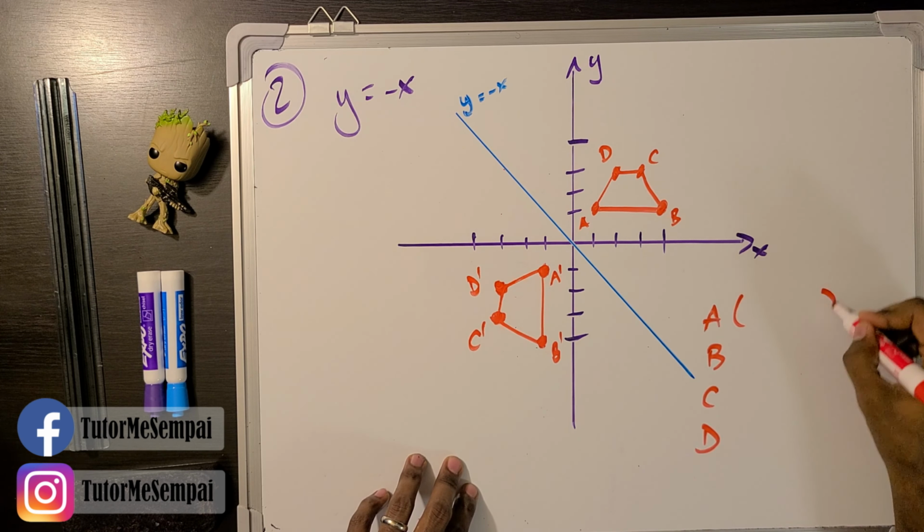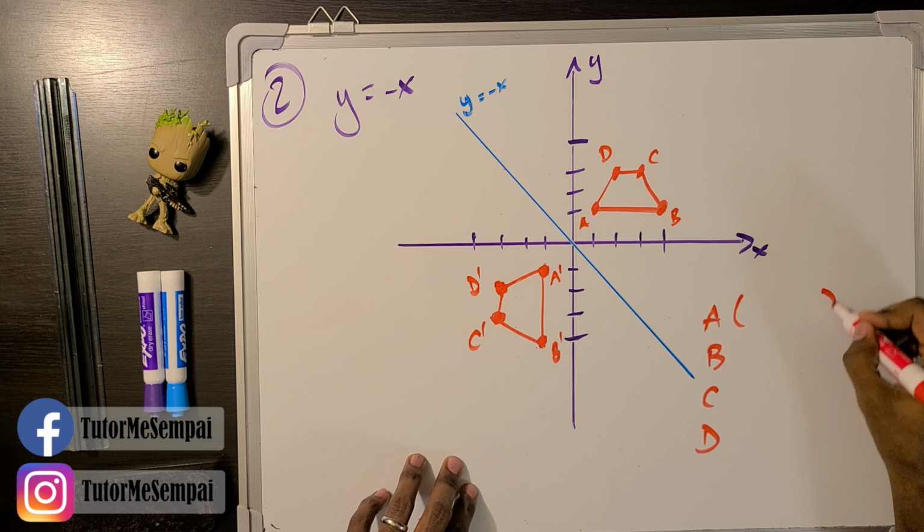No, we don't need two A's. We need one A, B prime, C prime, and D prime. What are going to be our points? Well, A prime is -1, -1. B prime was -1, -4. How about C prime?